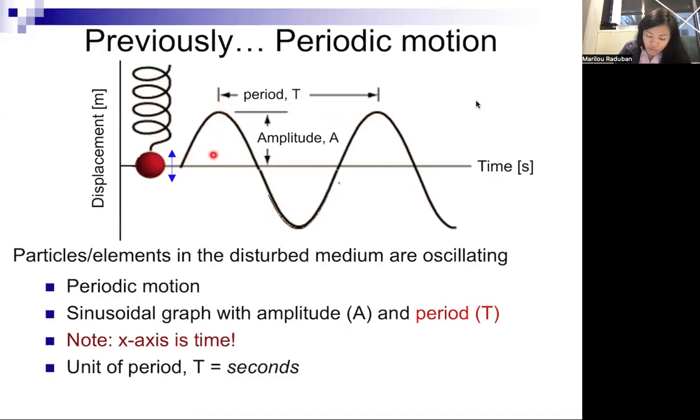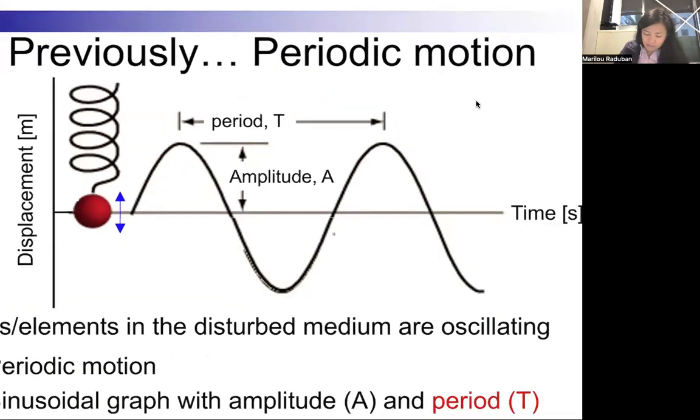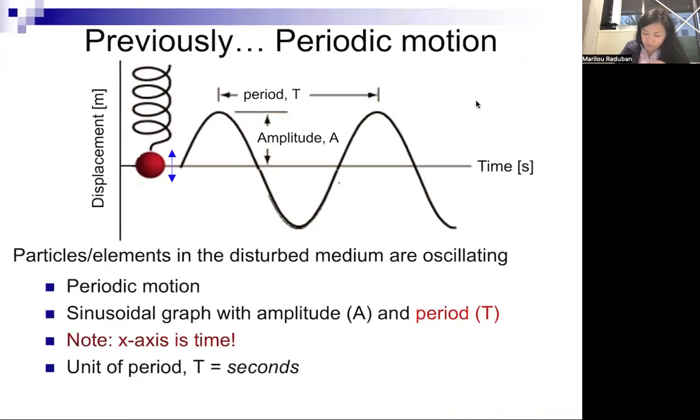So because we're measuring period as the time it takes for one oscillation, notice how the x-axis of the sinusoidal graph that describes the periodic motion is given in time, which is measured in seconds, right? So in the simple harmonic motion sinusoidal graph, the x-axis is given in time, and therefore we measure the period as the distance between two successive points in the units of time, which is seconds.